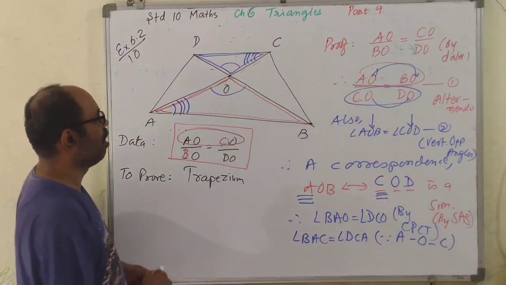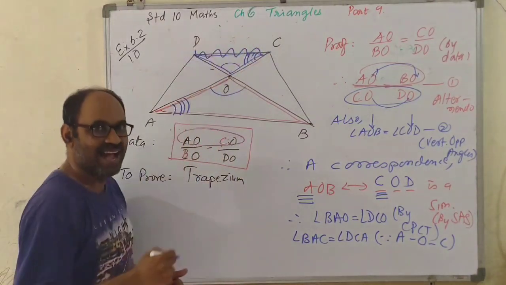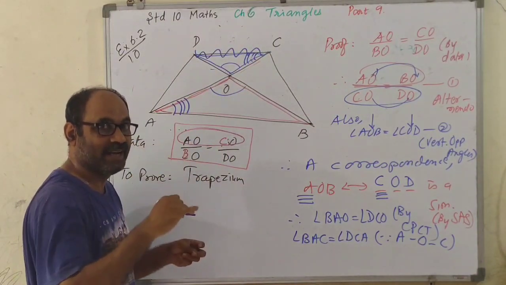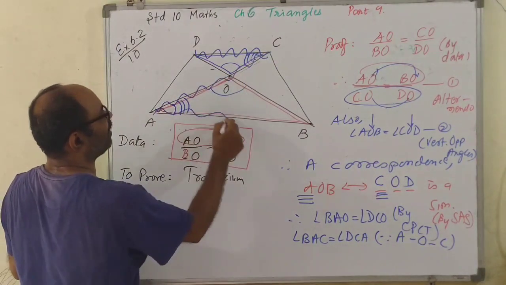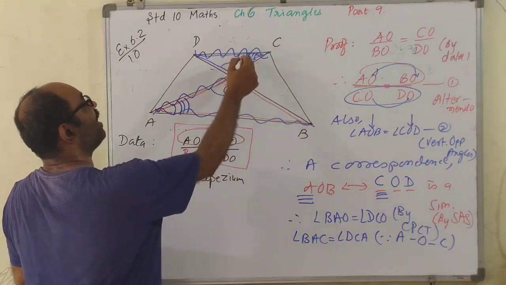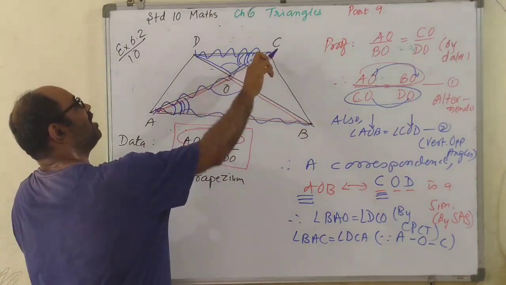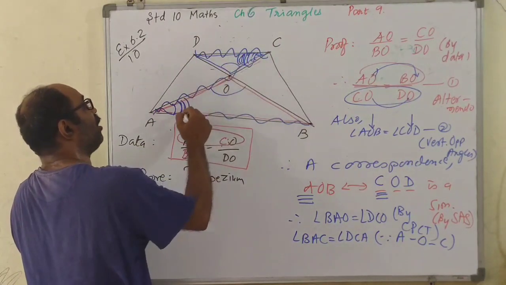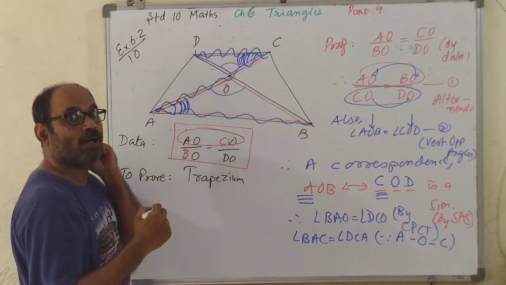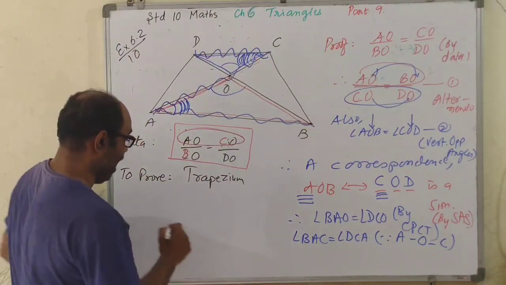Now look children, this serpentine line and this serpentine line, this angle and this angle, they are alternate angles. So AC is the transversal of CD and AB, but alternate angles are equal, so these two lines are parallel.